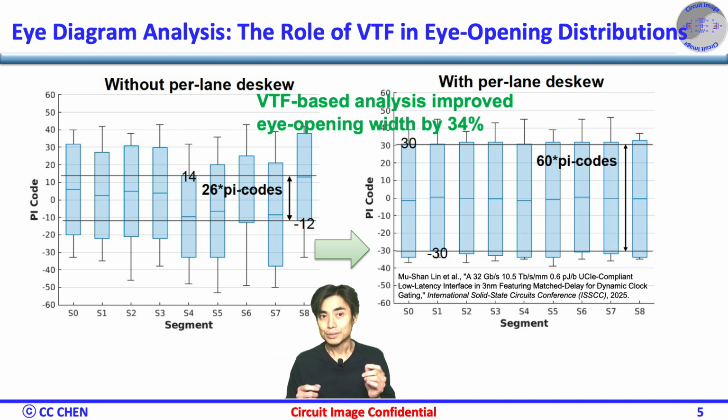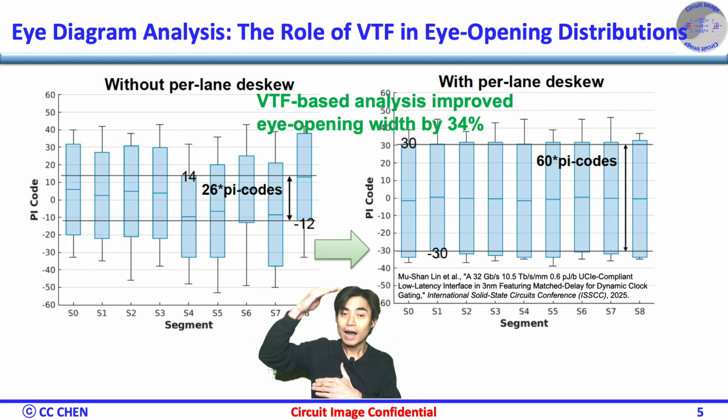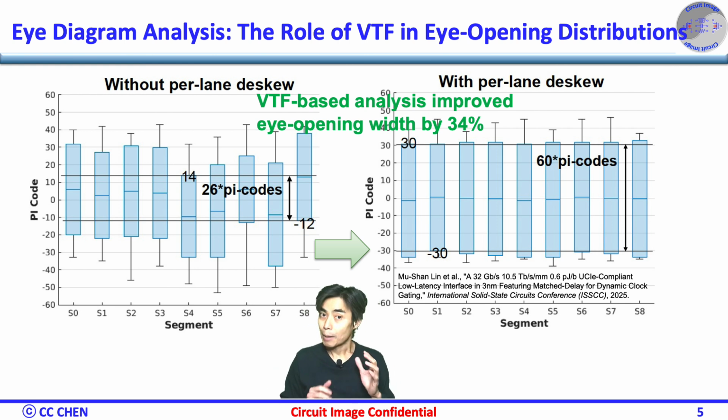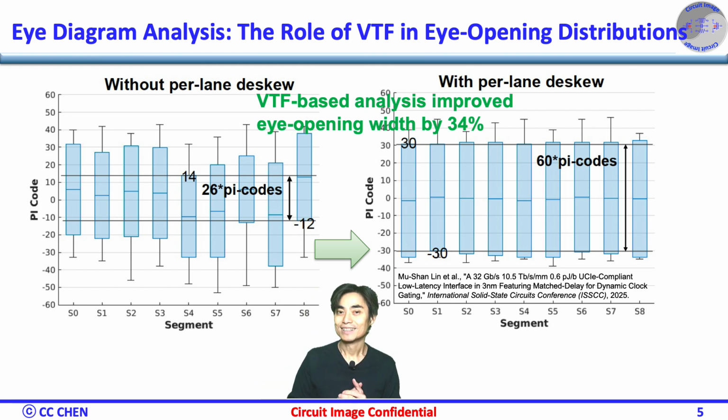A comparison between traditional loss-based analysis and VTF shows that UCIe transceivers operating at 32 gigabits per second exhibit a 61% improvement in eye width and a 56% increase in eye height after applying VTF-driven optimization. Additionally, ISSCC findings reveal that using VTF to guide adaptive equalization strategies enabled more power-efficient signaling, reducing overall interconnect power by 12% without sacrificing performance.